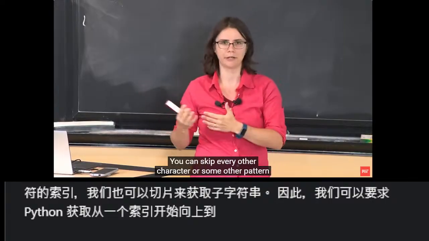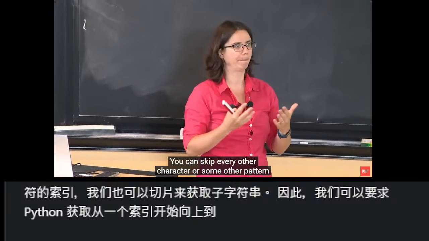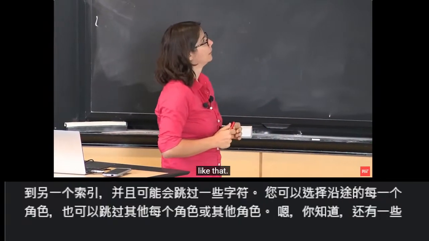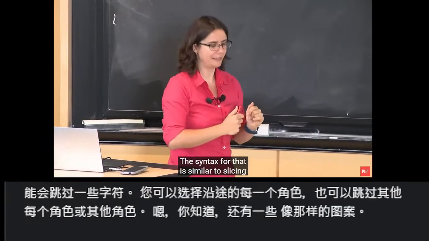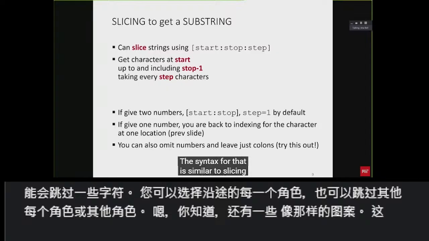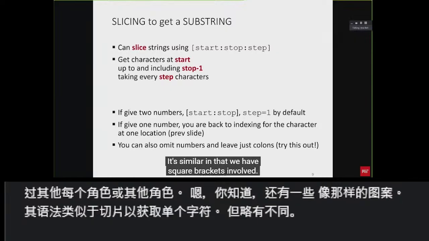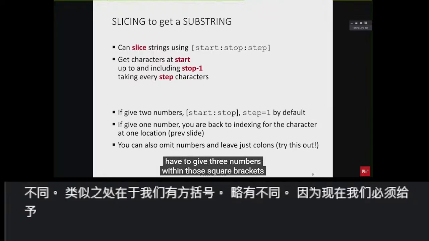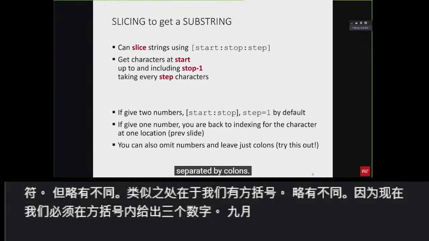You can skip every other character or some other pattern like that. The syntax for that is similar to indexing to get a single character. Slightly different though. It's similar in that we have square brackets involved. Slightly different because now we have to give 3 numbers within those square brackets, separated by colons.